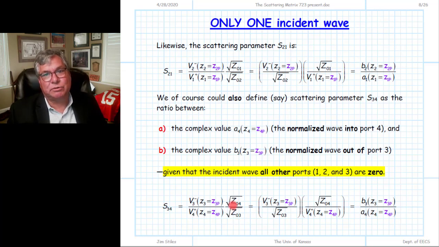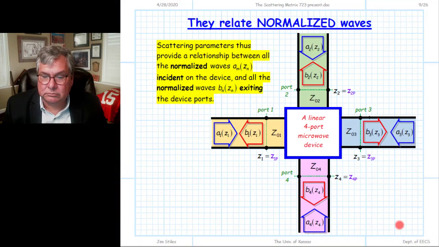They'll force you to go through and make sure you understand that this becomes one only if these are equal to each other, because we'll have many examples where the characteristic impedances at the port planes are dissimilar from each other, and we need to define the scattering matrix in this way in terms of our normalized wave amplitudes, our normalized propagating waves, in order to get the correct answer.